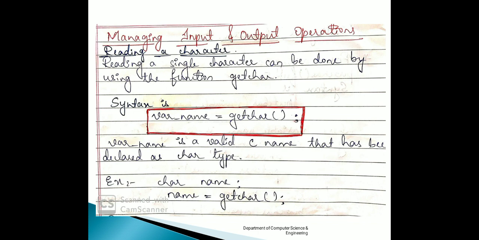So we already know that in order to accept input from the keyboard, we use scanf statements, right? So scanf function is used for accepting multiple inputs. Instead of using scanf statement, we can also use getChar function.